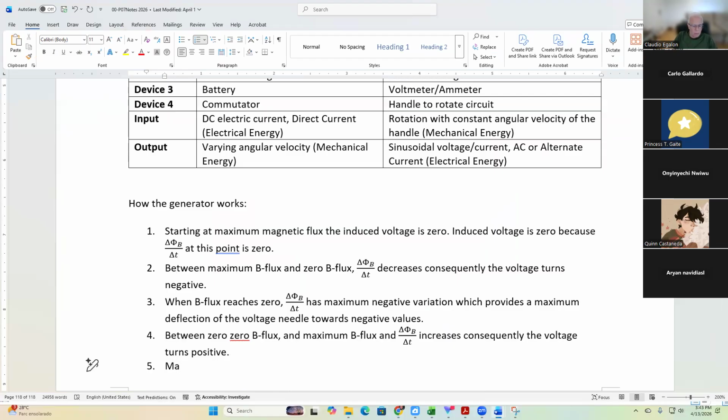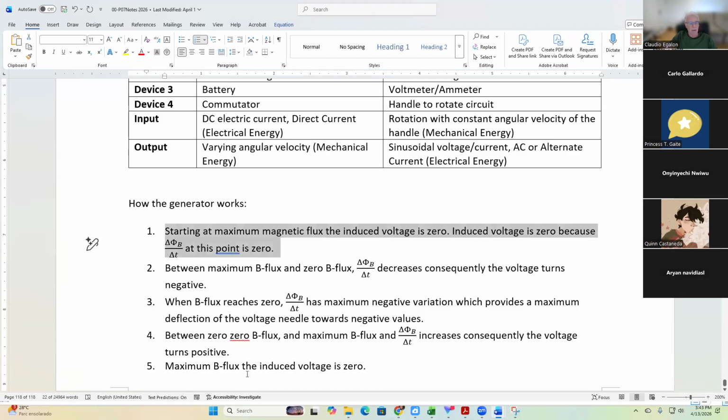Maximum B flux. The induced voltage is zero. And the cycle repeats itself. Now we are back to this point.